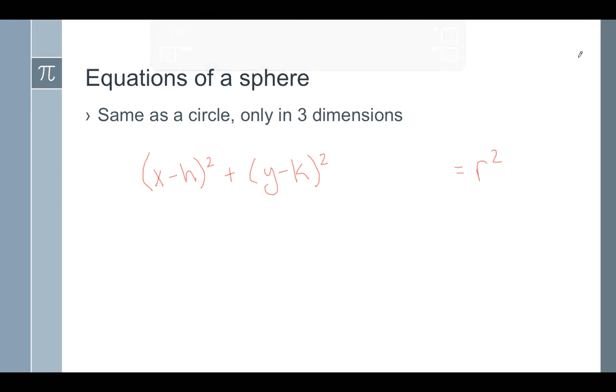But I left a big spot there because we have something extra. The textbook uses an L, so I'll go ahead and use an L as well. So this is with center h, k, l. Notice I'm using a cursive L because regular L's look like 1s. So plus z minus l squared. There you go. That's the equation of a sphere with center h, k, l and radius r.